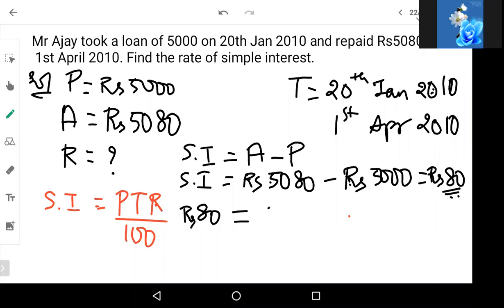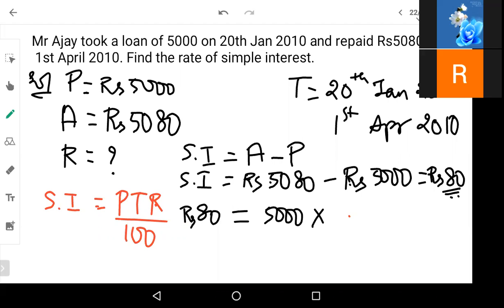Principal is 5,000 into time we have to calculate from 20th January till 1st April. Now from 20th January, if you consider 20th January to 31st January. So calculate the time. Now in January, we have 31 days.